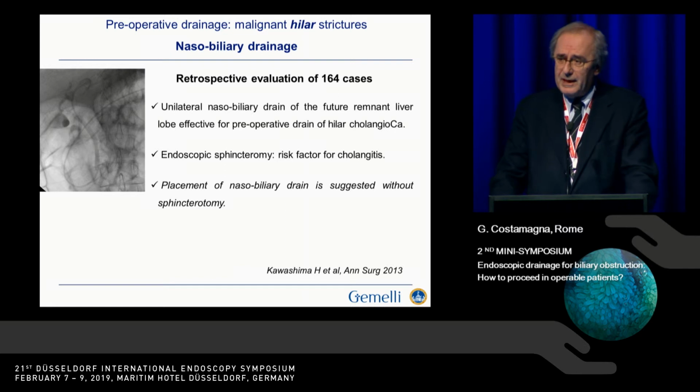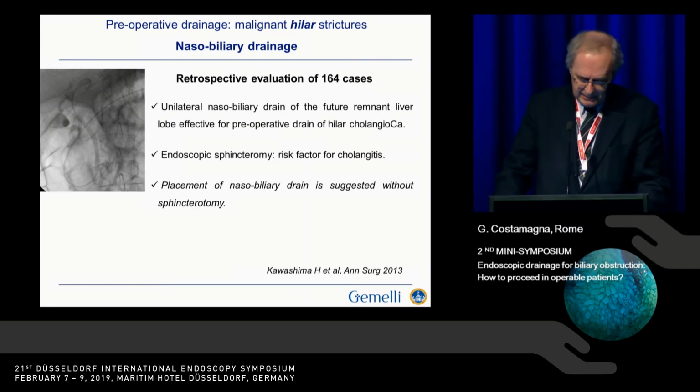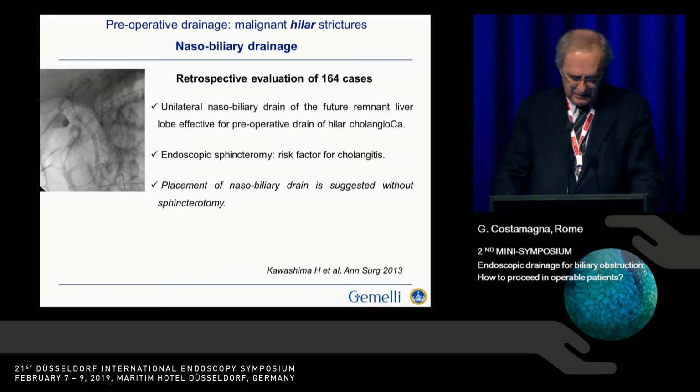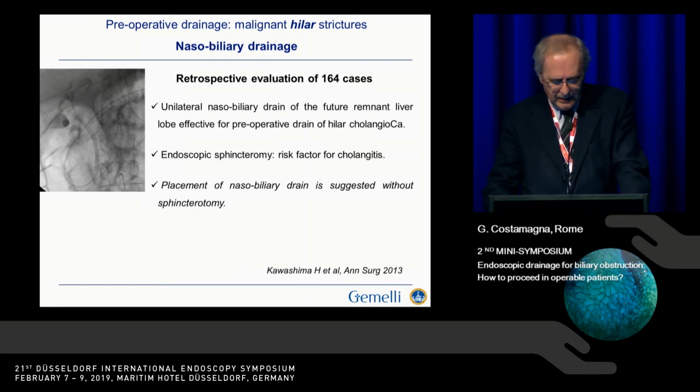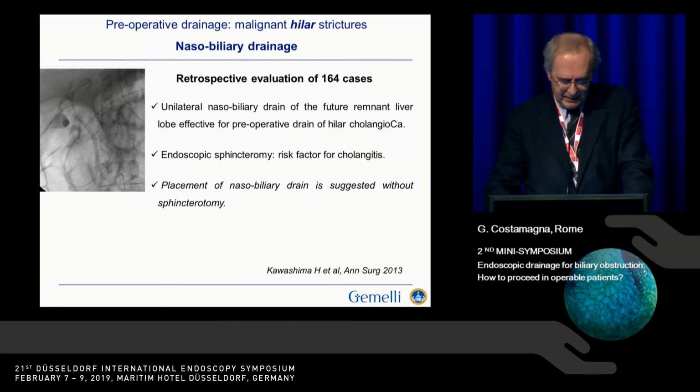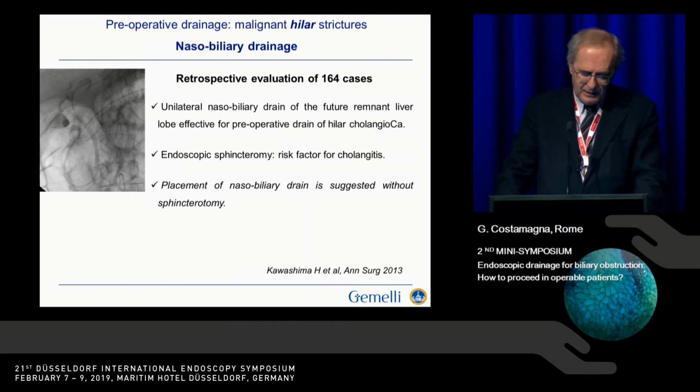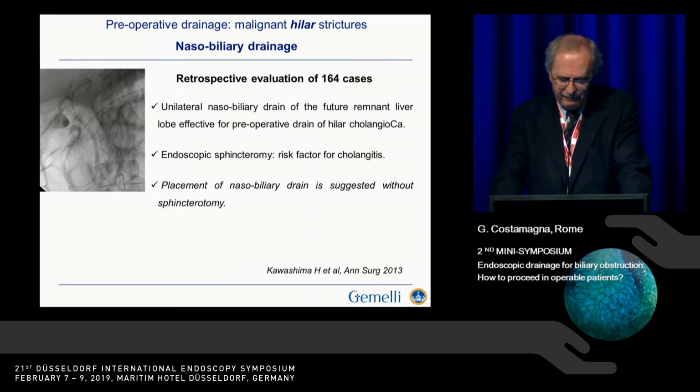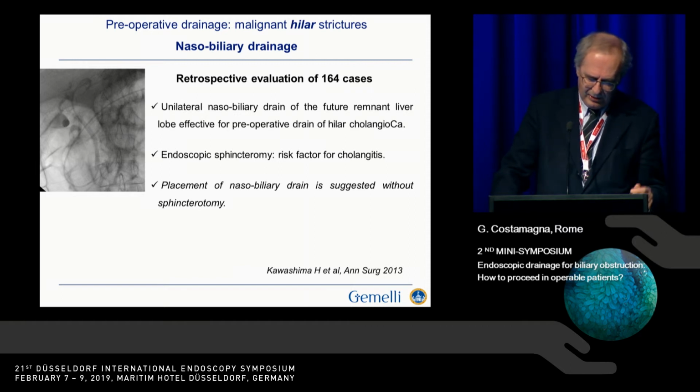Is there a role for nasobiliary drain? Apparently, at least in this Japanese experience published a few years ago, this was a retrospective evaluation of a big number of cases where they used the unilateral nasobiliary drain of the future remnant liver, of course, and this was effective for a preoperative drain of hilar cholangiocarcinoma.